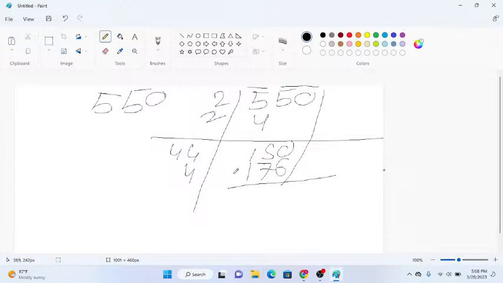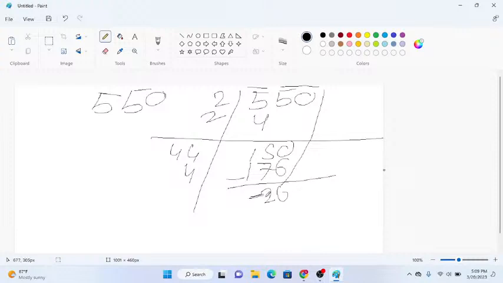Now subtract. This is 150 and this is 176. 176 is greater, so we subtract in reverse. 6 minus 0 is 6, and 7 minus 5 is 2. So this is 26. So in 550, if we add 26, it becomes a perfect square.